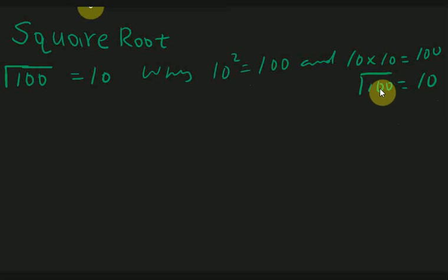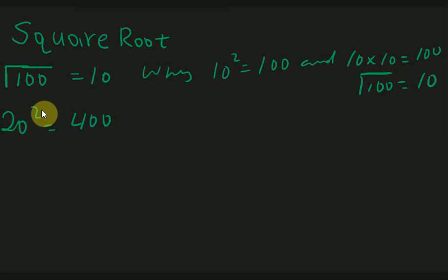Why? Because the two numbers that you multiply to get 100 are 10. So square root is all about what gives you that number. For example, 20 to the power of 2 is 400.